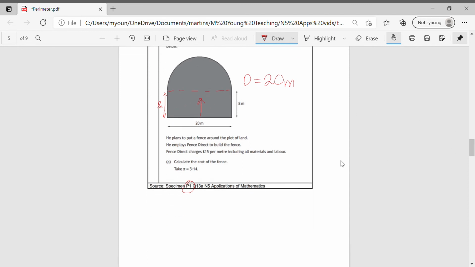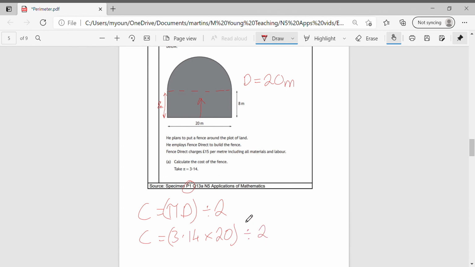So grab our circumference formula, C equals pi d. But remember, this is a semicircle, so we're going to divide it by 2. Now you can do that at the end, or you can just put it in the formula. So C equals pi, which is 3.14 is what we're using, times 20, and then dividing by 2.